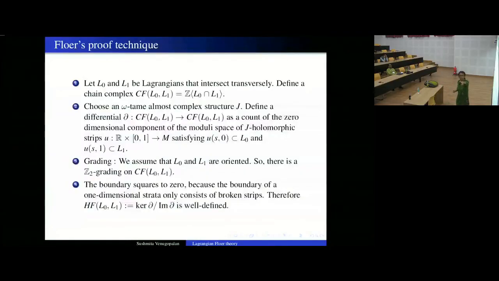The main point to note is the following: the boundary of a one-dimensional strata only consists of broken strips. So by counting the boundary of the one-dimensional strata, we can essentially say that the boundary squares to 0.